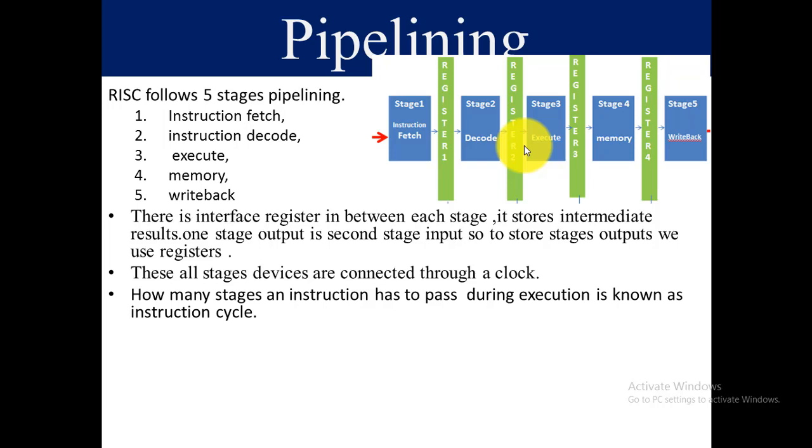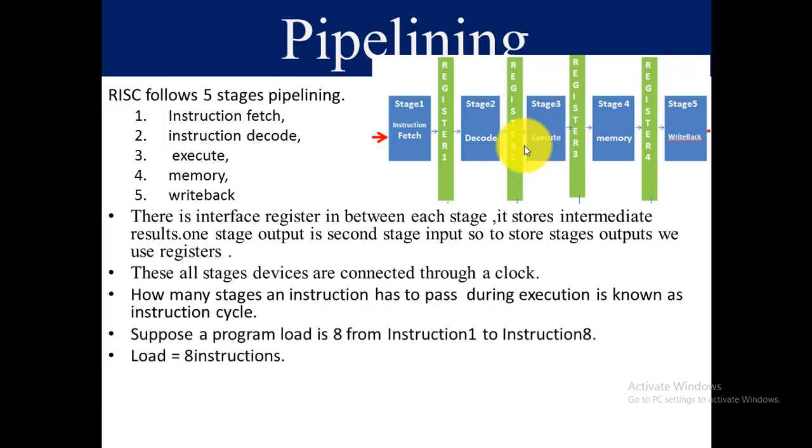So how many stages an instruction has to pass during execution is known as the instruction cycle. So how many stages does RISC have? 5 stages. So what would be the clock cycle for the RISC architecture? Obviously, if there are 5 stages, then the clock cycle will be 5.